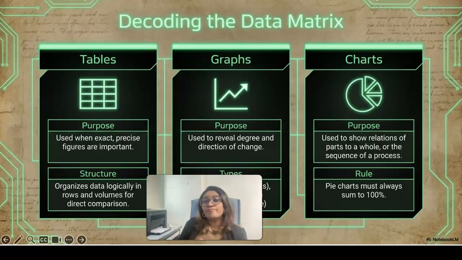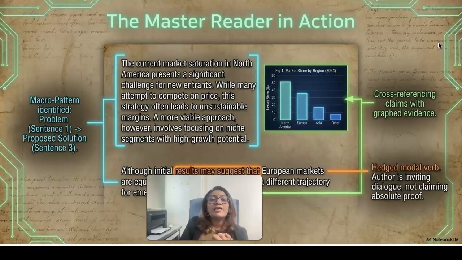Another way is, of course, through charts, which is quite common in text, where they want to talk about the relationship of a whole process, or a part of the process. But of course the rule is that for a person to come up with a chart, the whole sum must be 100%.